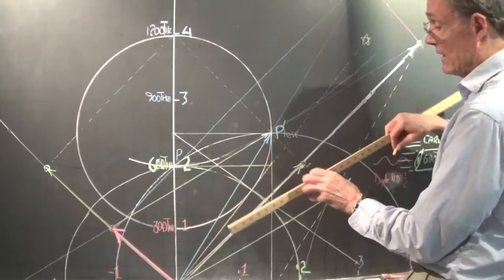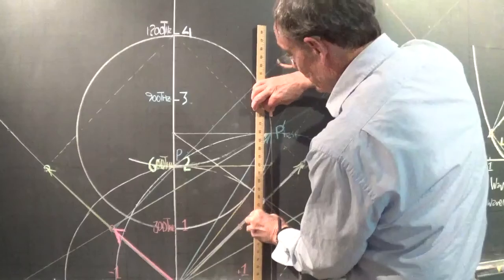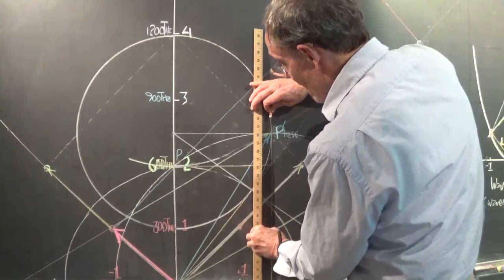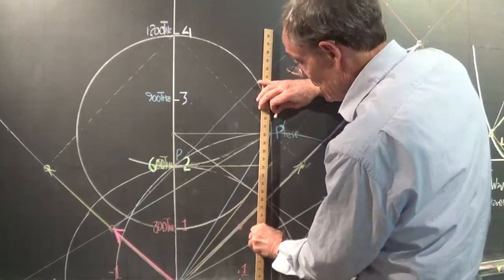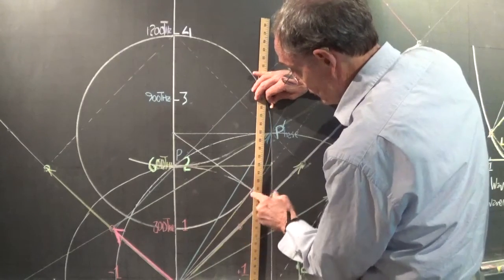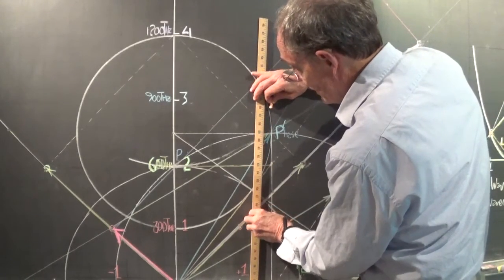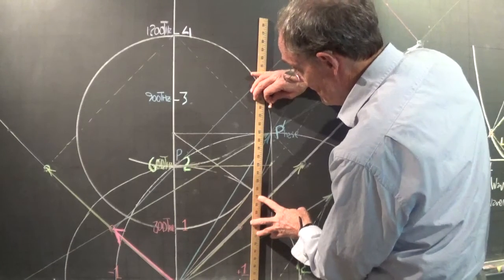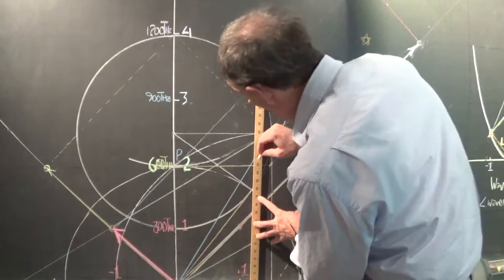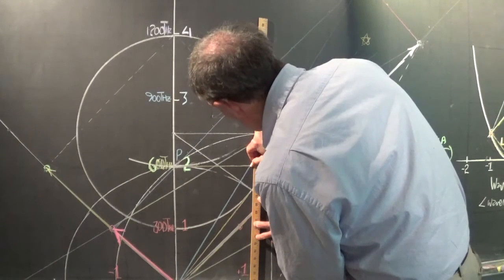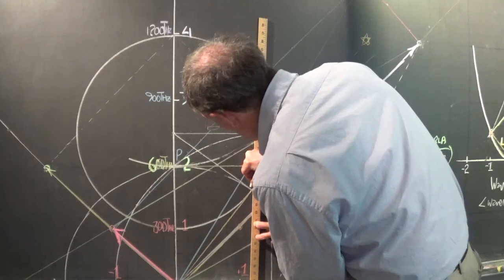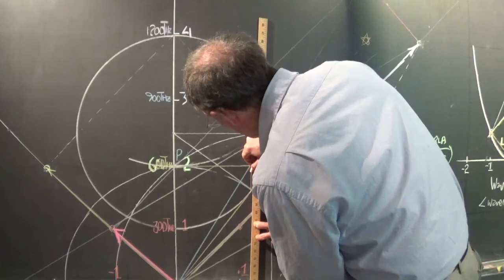And then, if I drop this down from here, it'll go right through that tangent point. That is where this line hits a vertical line that goes through that circle tangent crossing right there. Okay, and I'll just draw it from the P vector down to the stellar aberration vector.